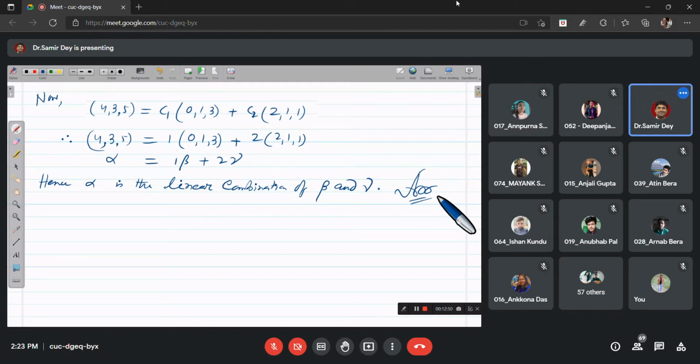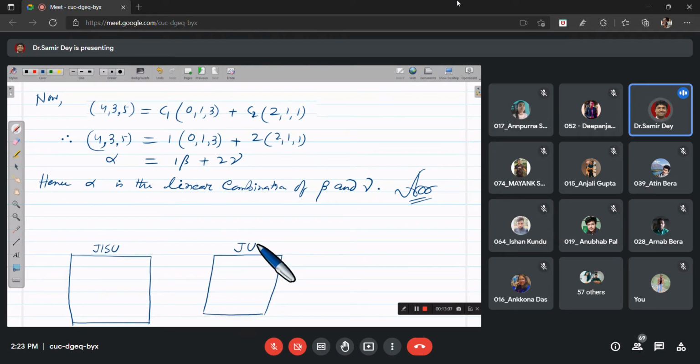Basically what? Now listen carefully. Try to understand this. This is your university. This is another university, Jadavpur University. One coding competition will be held.